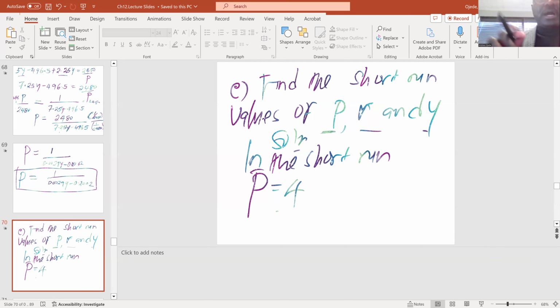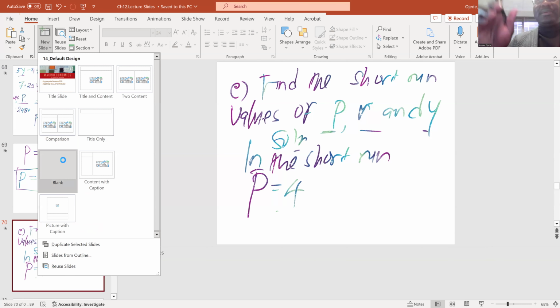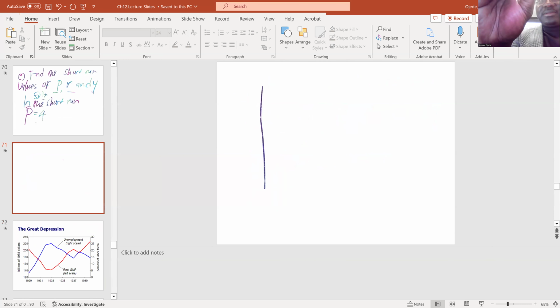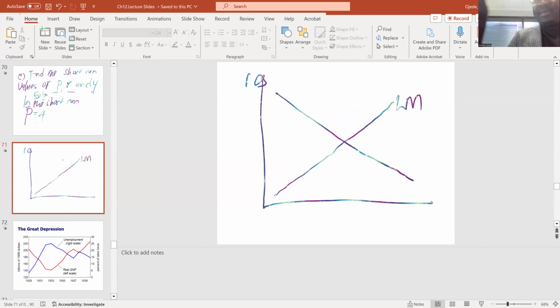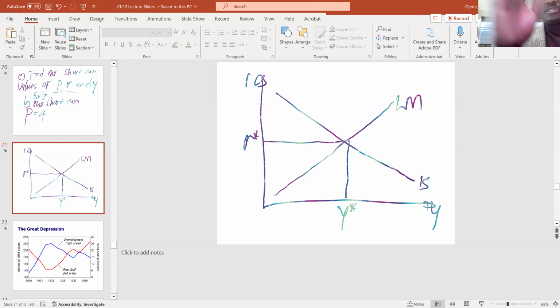But for R and Y, how do we get the short run output and interest rate? Don't forget, to find the short run equilibrium output and interest rate, you're going to solve the LM equation that you derived in part A and the IS equation simultaneously.